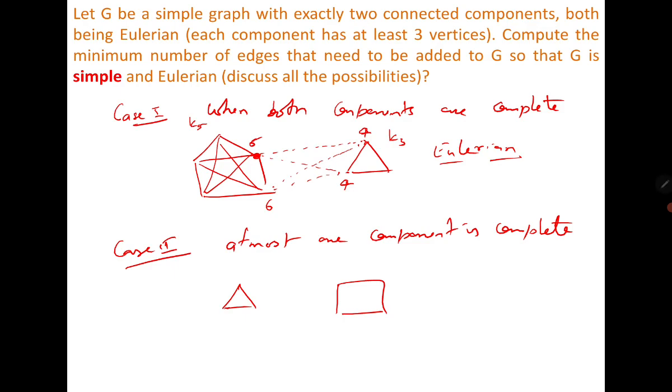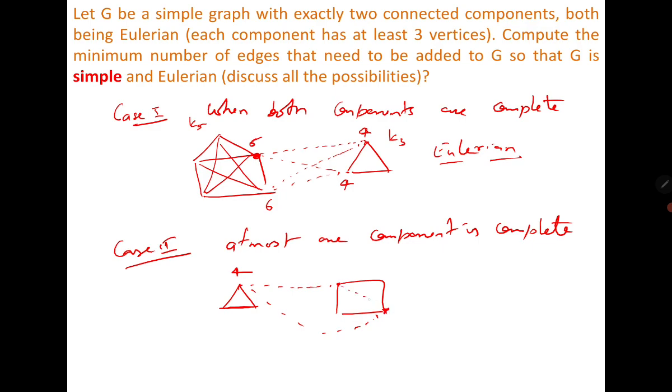The good point here is that when one of the components is not complete, then internally you can add the edges, and when you internally add the edges, then it increases the degree of two vertices. For example, you make it adjacent and you make it adjacent, its degree becomes 4, it's Eulerian. But in the previous case, to make these degrees even, we have to introduce two more edges.